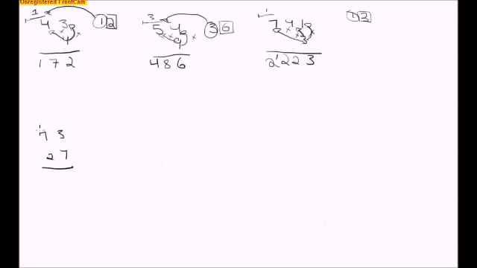So let's start with doing 73 times 7. You do 3 times 7 is 21. You bring the 1 here, and then you have the 2. 7 times 7 is 49, plus 2 is 51, so we have 511.